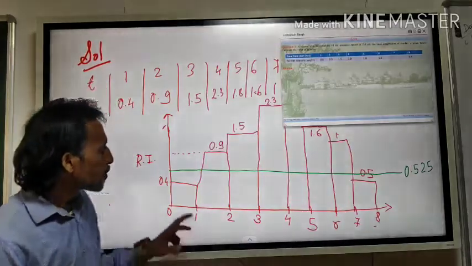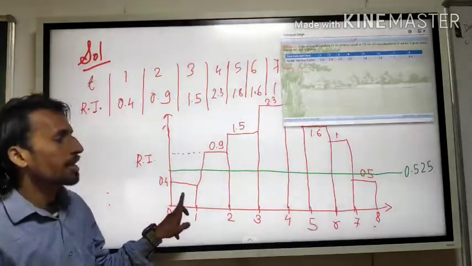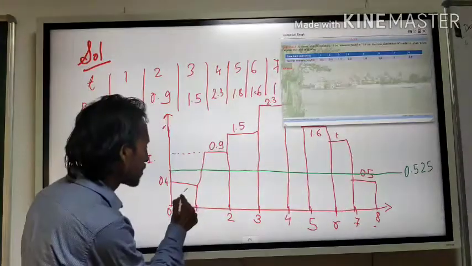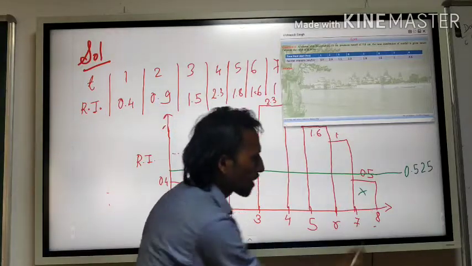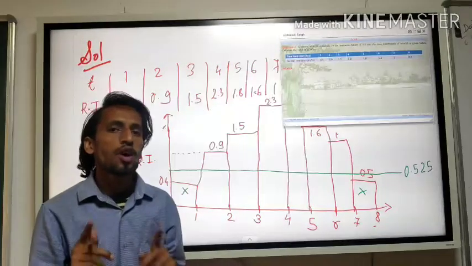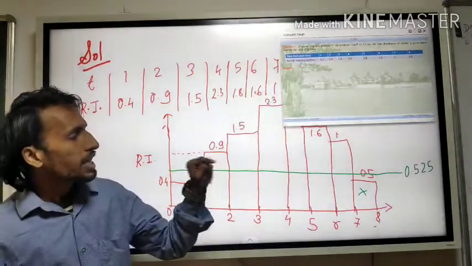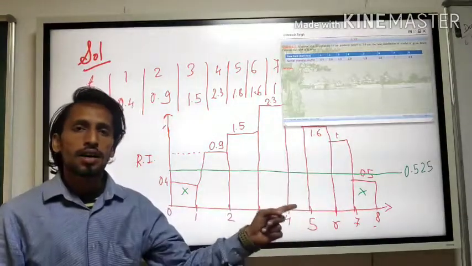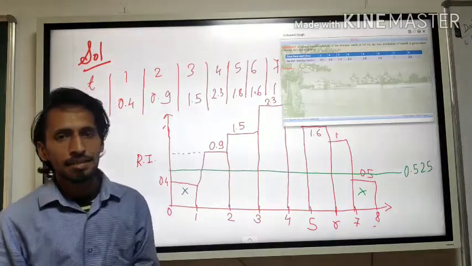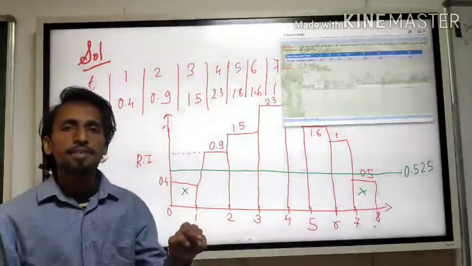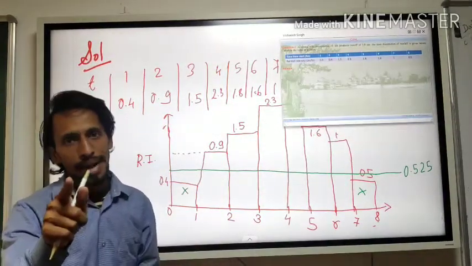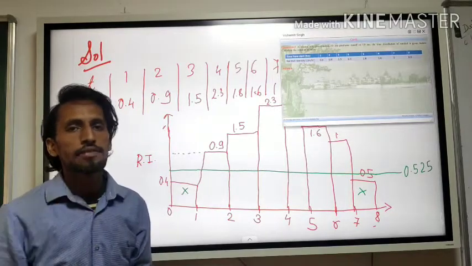So you have to remove these values, because they are not producing runoff. So you have to remodify your value of index, because that is the average value. It is not a maximum value. It is not the phi index.